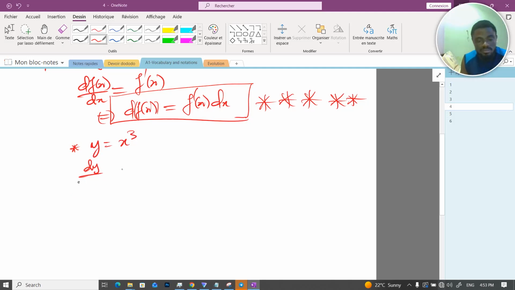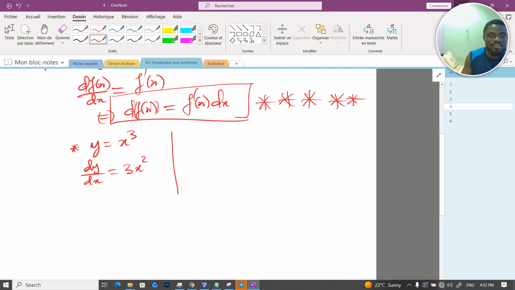If you are asked to find dy dx, dy dx will simply be equal to 3x squared. That's it.